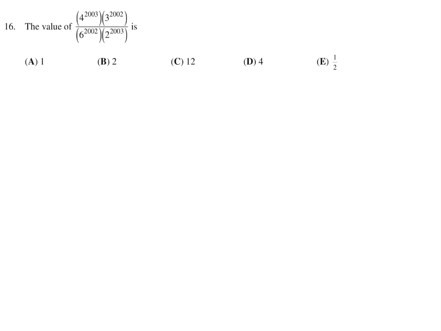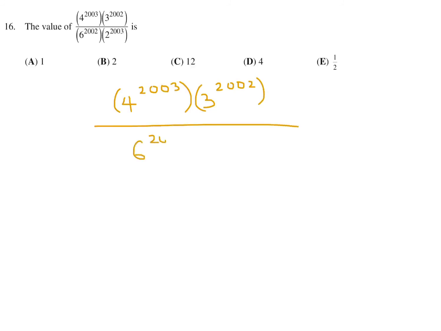The value of this expression is, so we are going to have to probably do some manipulation of these numbers, because we're certainly not going to calculate each individual value because that would be too large. So the first thing I'm going to do is break this guy up right here.